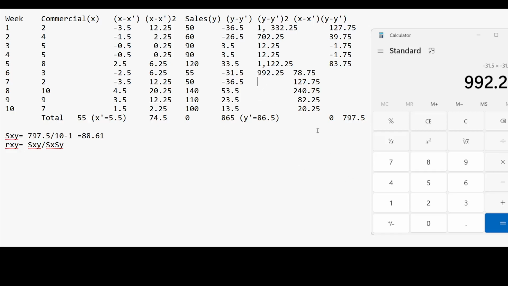Negative 36.5, similar to above, is 1332.25.